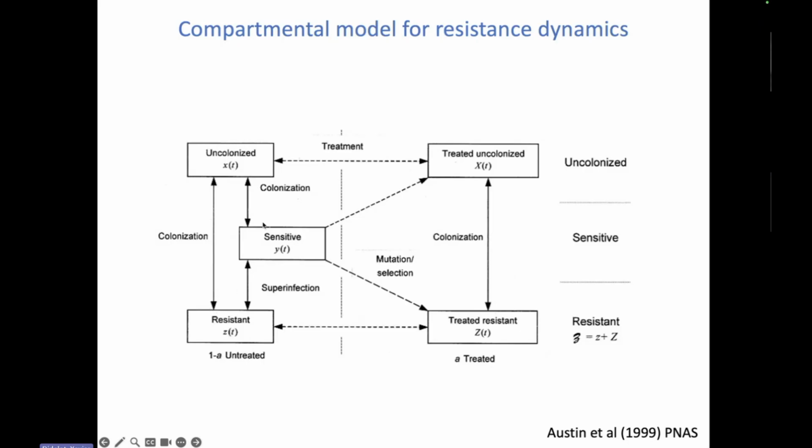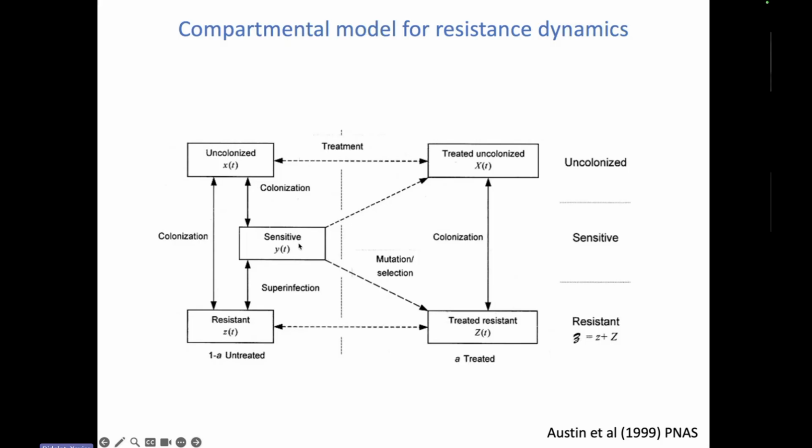Assuming they're not treated, they remain infected. But when treatment is applied, which happens on the right side of the diagram, then if you're infected with a sensitive strain, you become uncolonized because the treatment is successful, except if a mutation happens just then, becoming resistant.